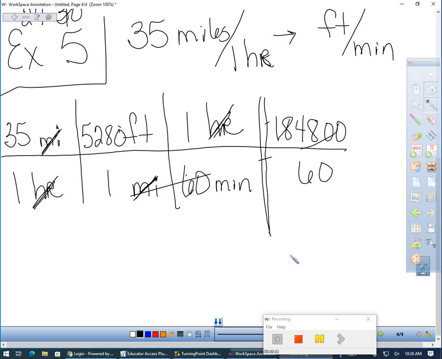Yes, we get 3,080. And what is my label? Feet per minute. Very good. Feet per minute.